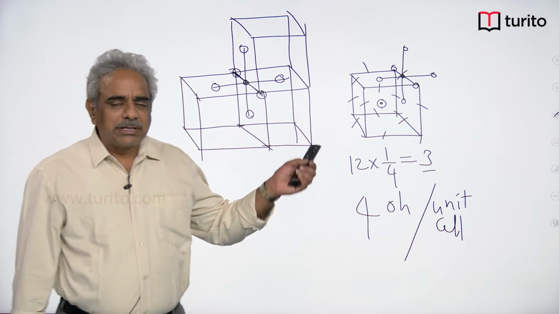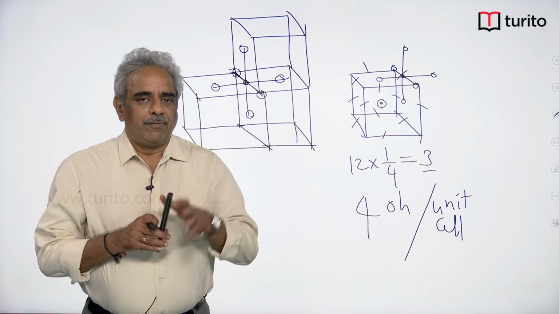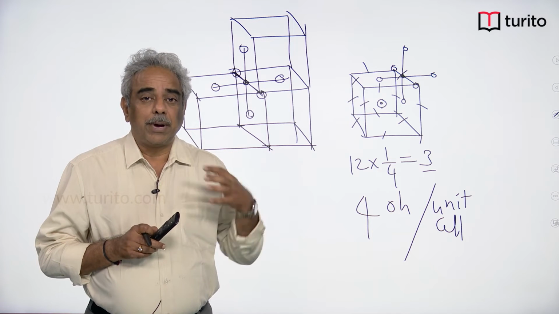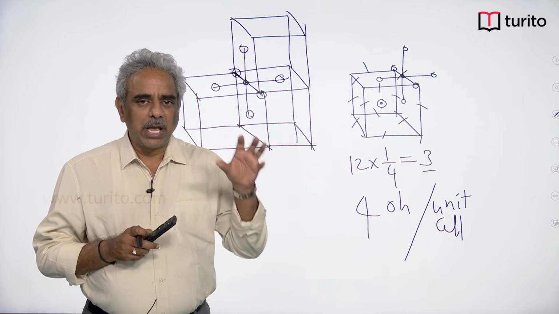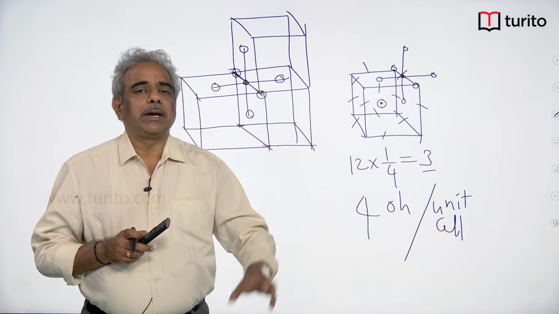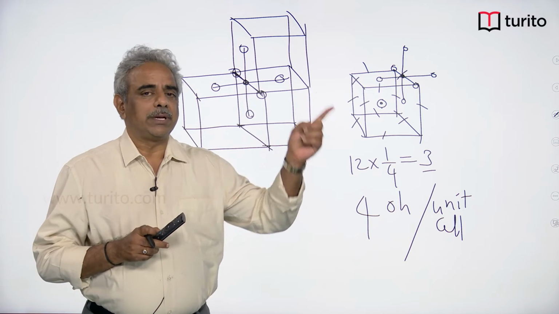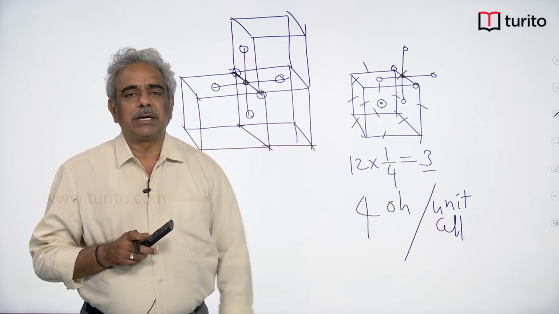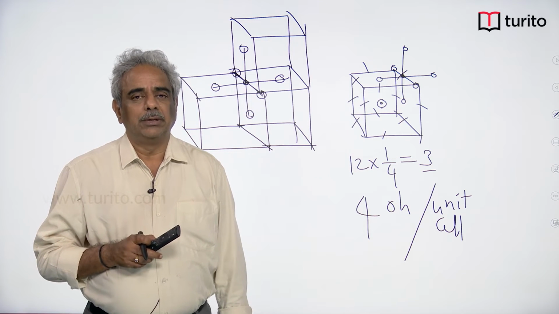So, in my 15 minutes discussion, what do we conclude? Every FCC has got 4 spheres per unit cell, and that FCC has got 8 tetrahedral voids. 2 tetrahedral voids are present on each body diagonal, and 4 body diagonals have got 8 tetrahedral voids. Where is the location of a tetrahedral void?